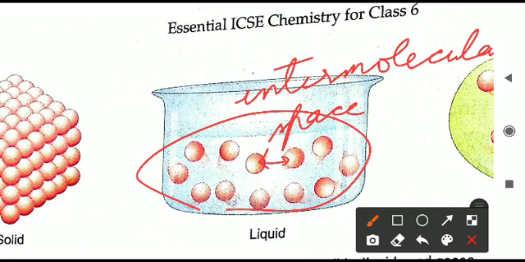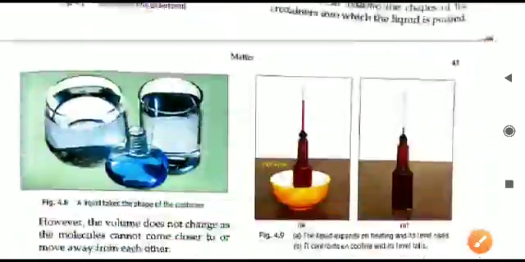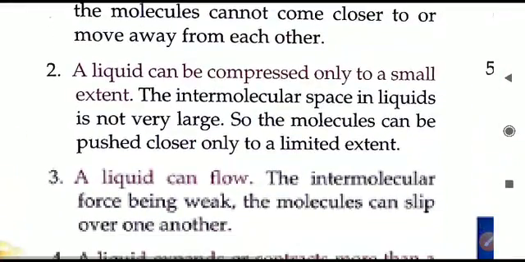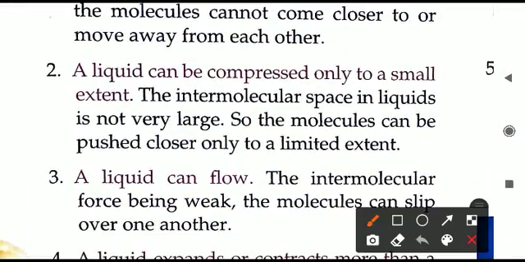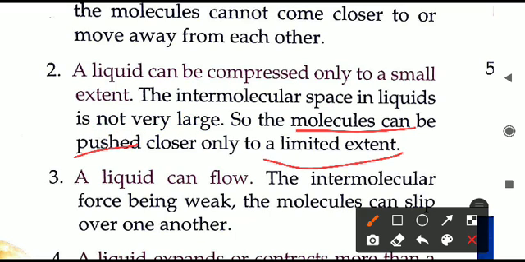Because of this space, the liquid molecules will start coming close to each other. That is what we mean when we say the molecules are getting compressed. That is written in point number 2, a liquid can be compressed, but to a small extent only. That is because the intermolecular space is not very large. If less space is there, less compression is possible. So molecules can be pushed, but to a limited extent.